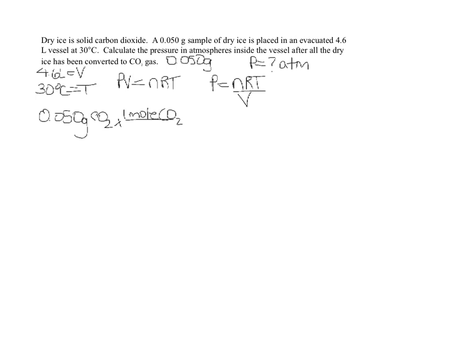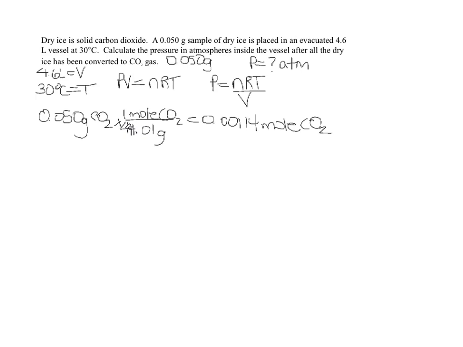So we will have 44.01 grams per mole of carbon dioxide. So let's see how many moles we have. 0.050 divided by 44.01 tells us that we have 0.00114 moles of carbon dioxide.